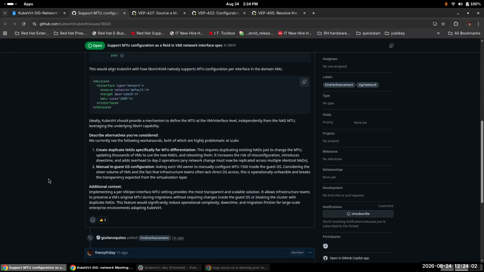And per my understanding, they want to change the MTU and then let the guest owner apply it. When they are ready, they will reboot, for example, and then it will come up with the correct MTU. But if they switch to a different NAD which has the right MTU, they do not even have to reboot, because we have the NAD hot plug now.